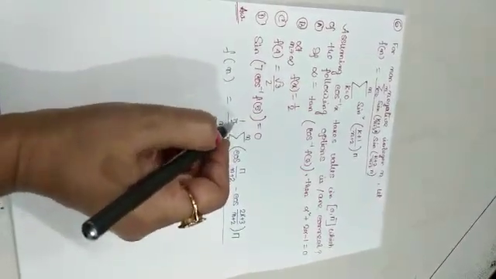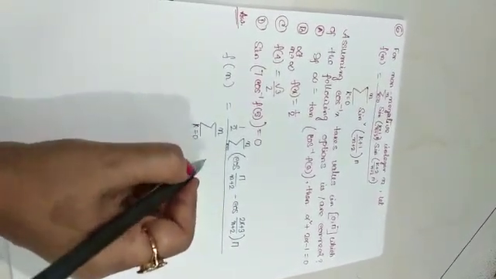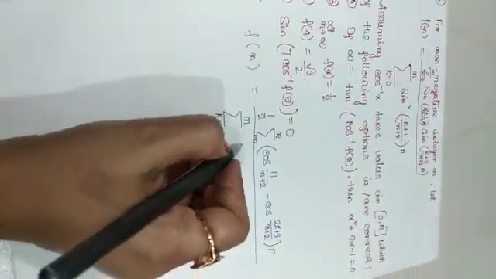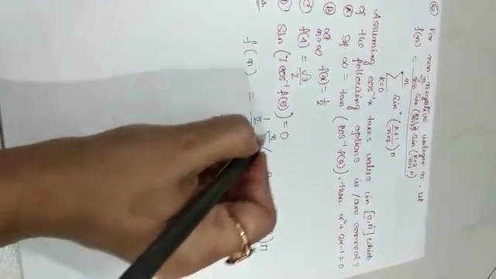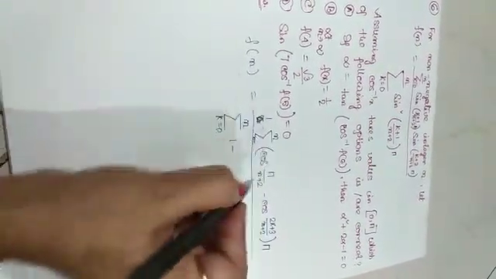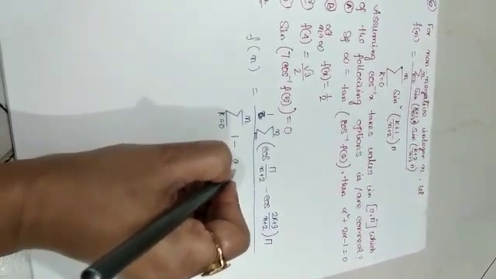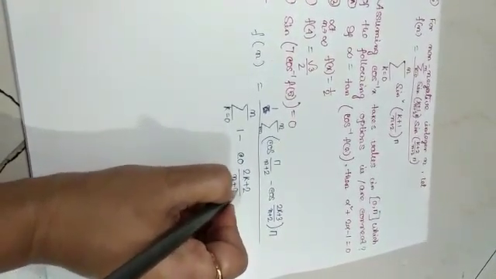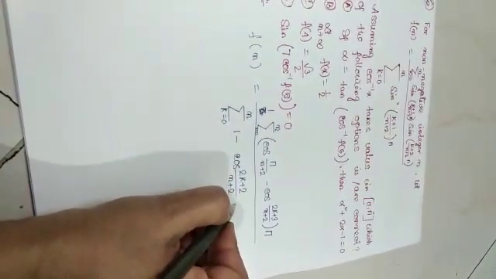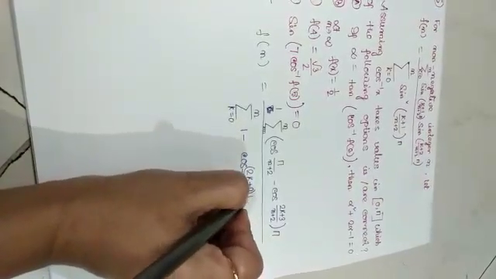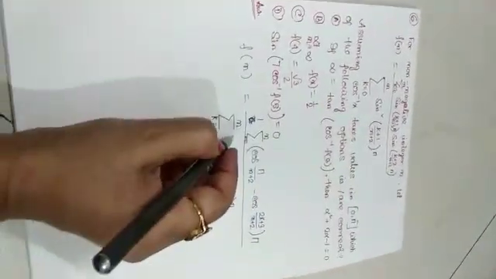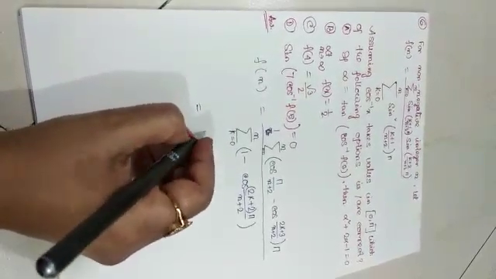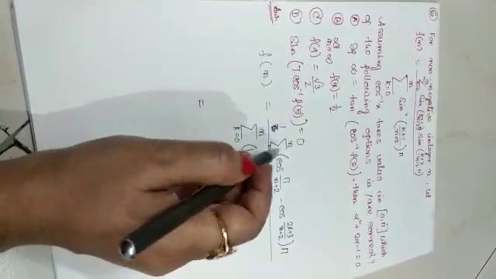Operating 2 here, we get 2 sine square something into pi, that is equal to 1 minus cos of (2k+2)/(n+2) into pi, putting k equals 0 to n.